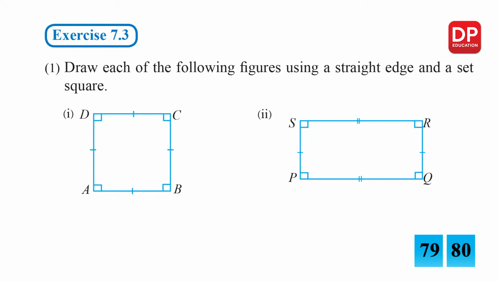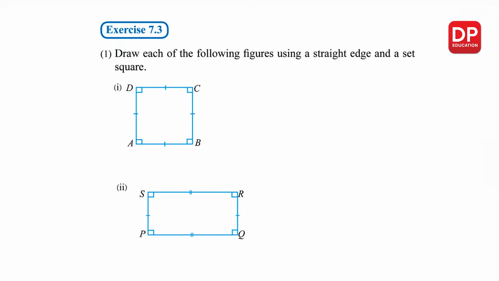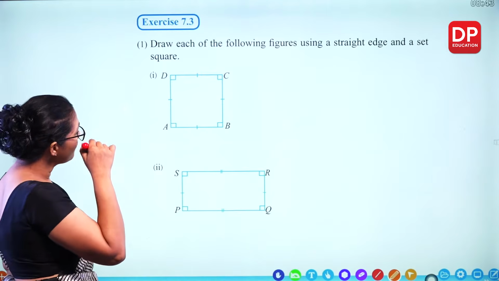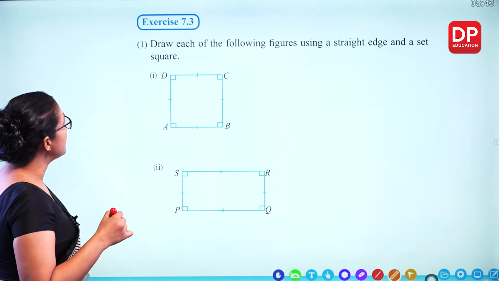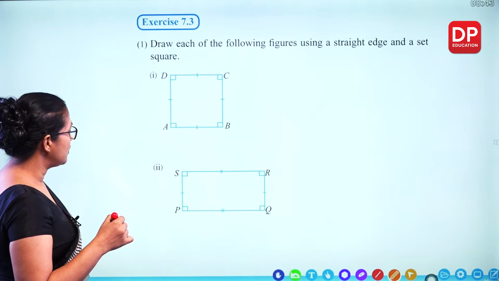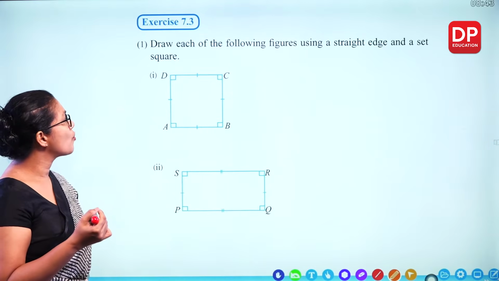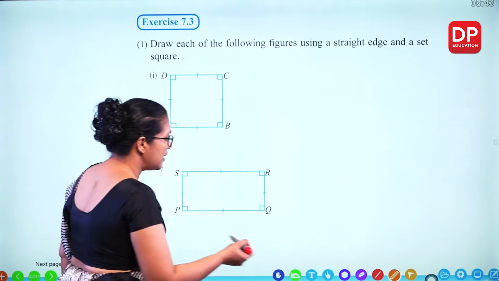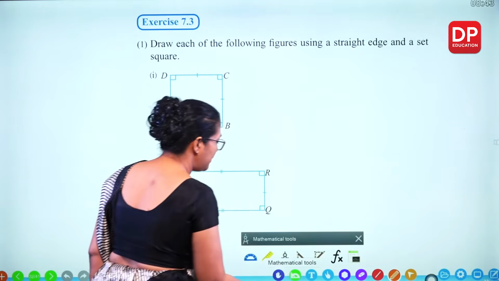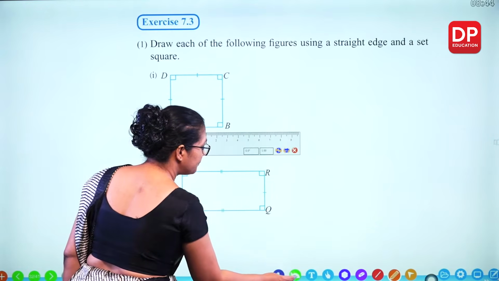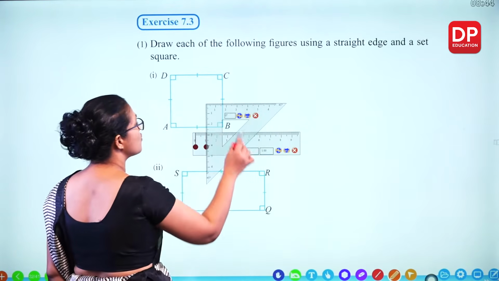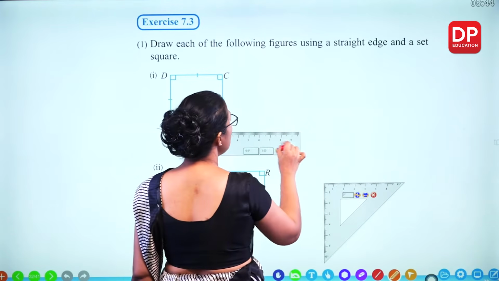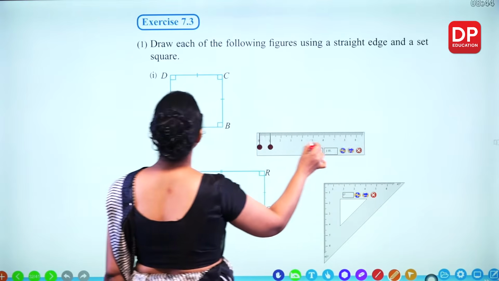Exercise 7.3. Draw each of the following figures using a straight edge and a set square. So the lengths are not given. Just you have to draw a square and a rectangle. So we can take the ruler and the set square. So we'll take certain distance.